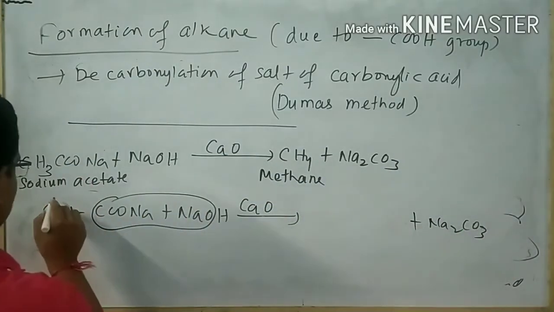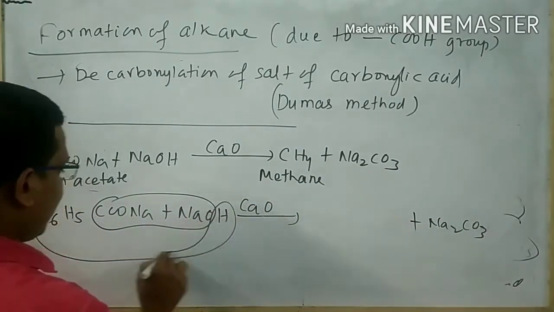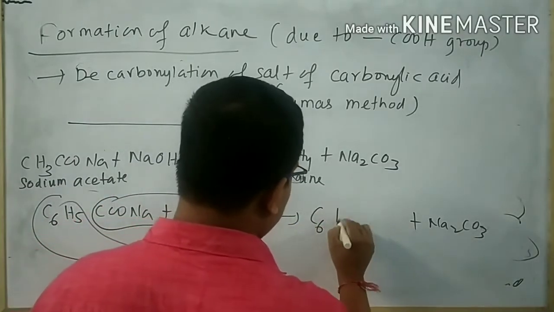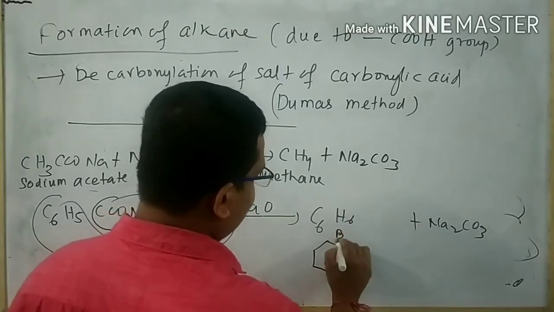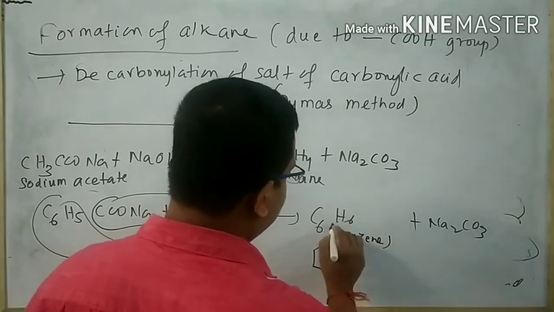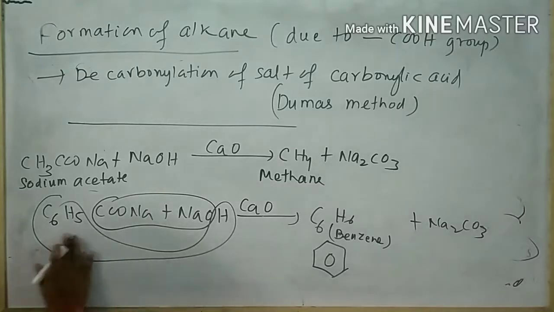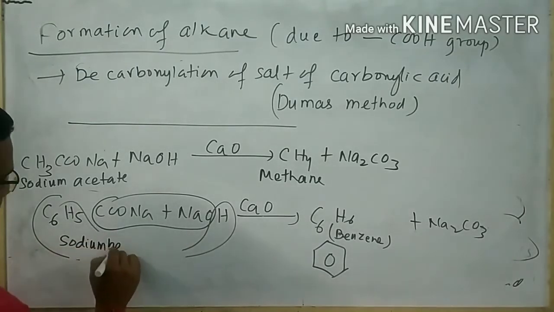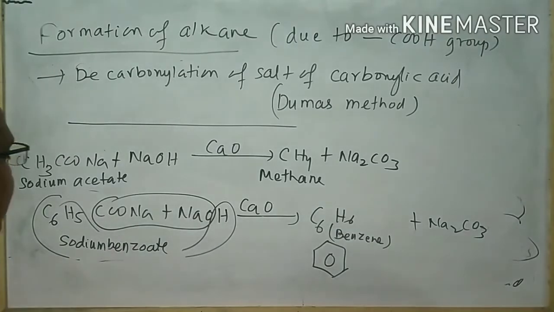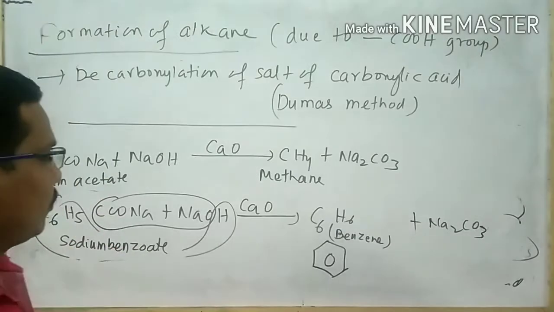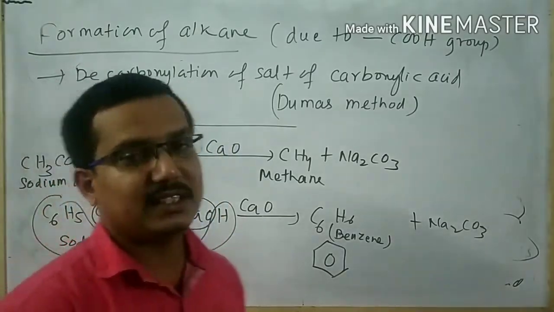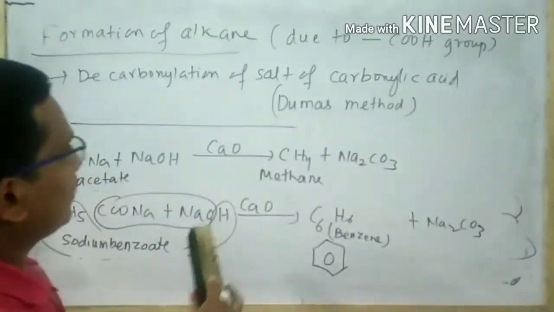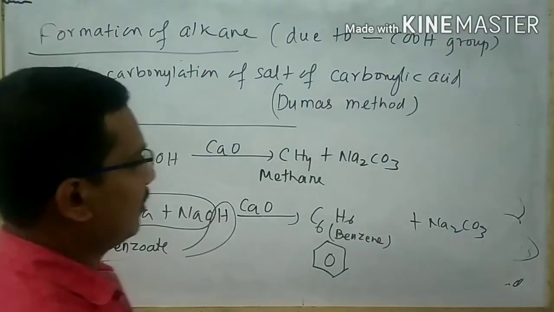The rest, C6H5, combined with the hydrogen gives C6H6, which is benzene. The name of this compound is sodium benzoate. Then what will be the statement? When sodium benzoate undergoes reaction with sodium hydroxide in the presence of calcium oxide, then benzene is formed. This is all about the Dumas method.